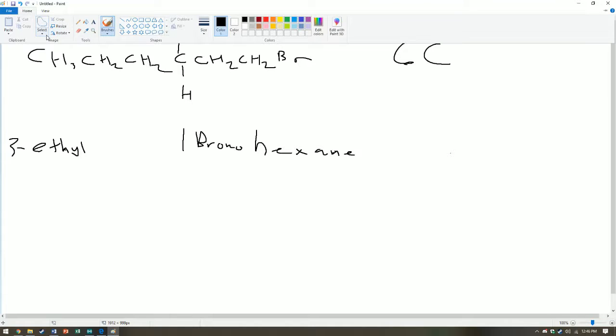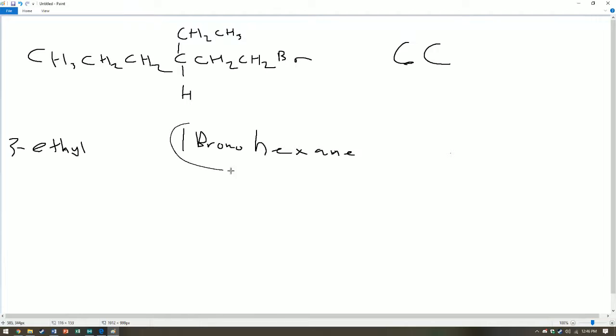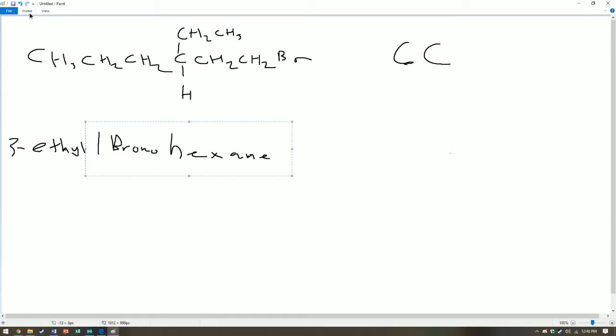Now that we've got the puzzle pieces of our name, let's complete the formalities. When you list off branches, you separate them by commas, except for the last branch, which you affix onto the name, and if it's between a name and a word, you put a dash there. So the name would be 3-ethyl-1-bromohexane.